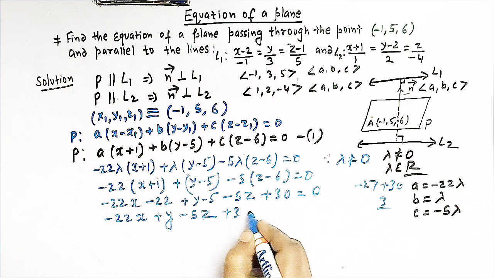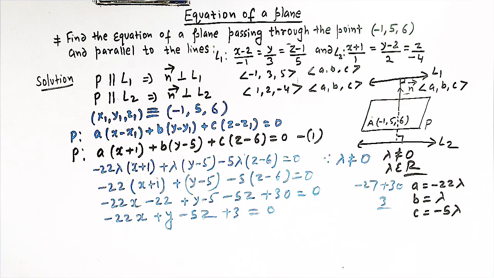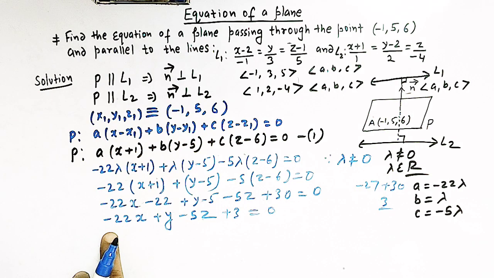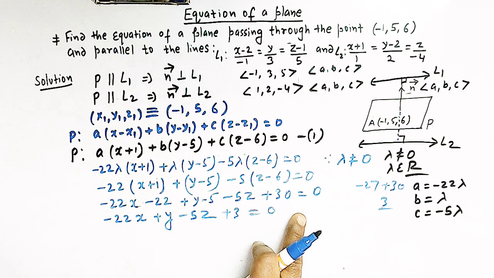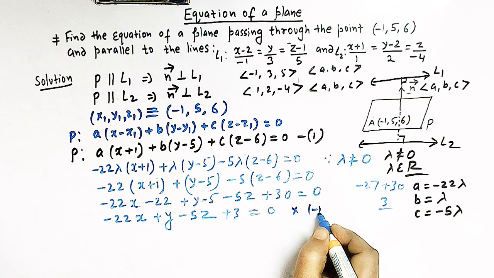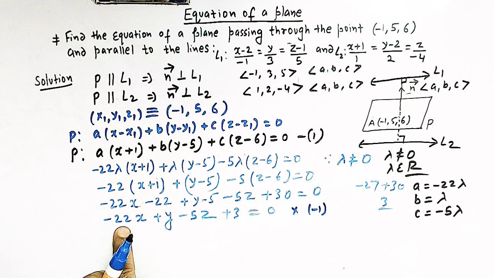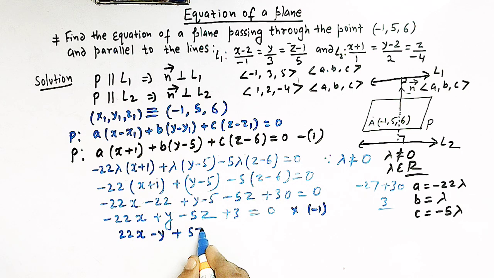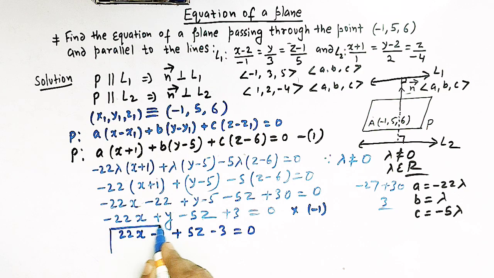So here we have plus 3 is equal to 0. So now multiplying both sides by minus 1, we can also write this equation as 22x minus y plus 5z minus 3 is equal to 0, right?